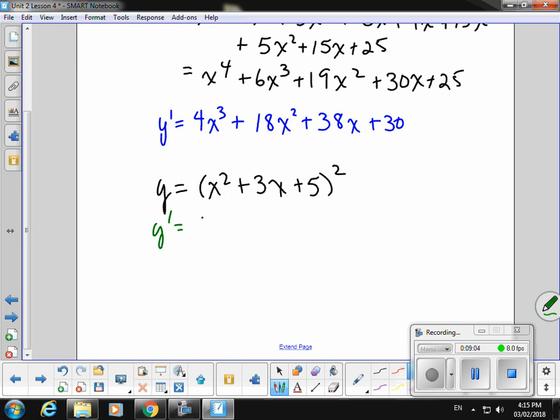So derivatives are bring down the exponent, reduce it by 1. So I bring down the 2, put everything in that bracket the way it was, reduce that exponent by 1, but I don't have a simple x to the power of 2. I have ugly to the power of 2. So I bring that power down, reduce it by 1, and don't forget the derivative of the ugly.